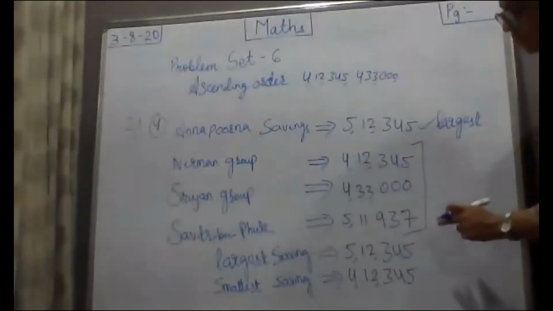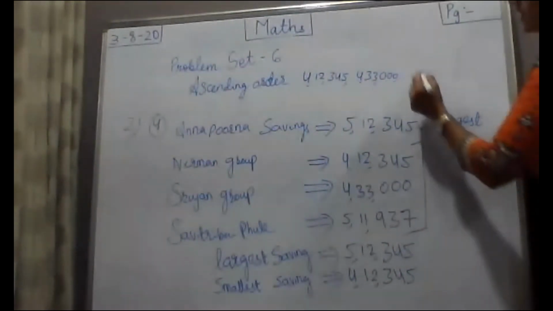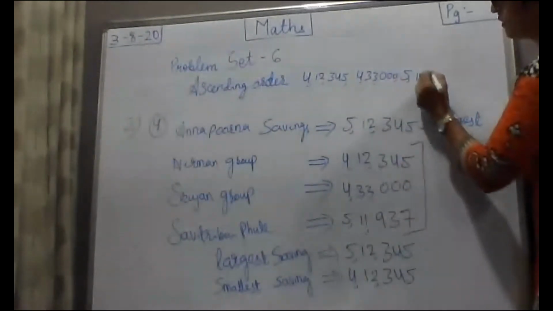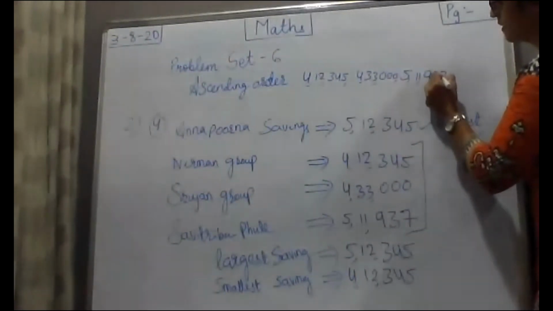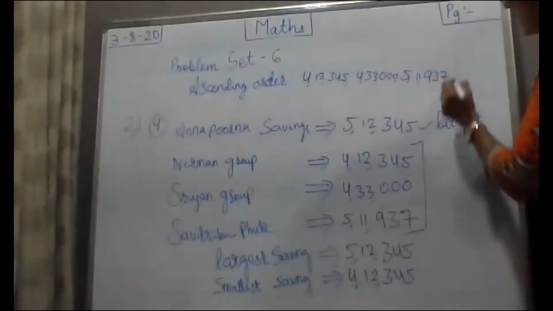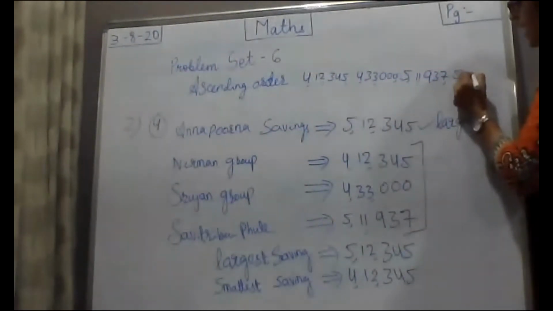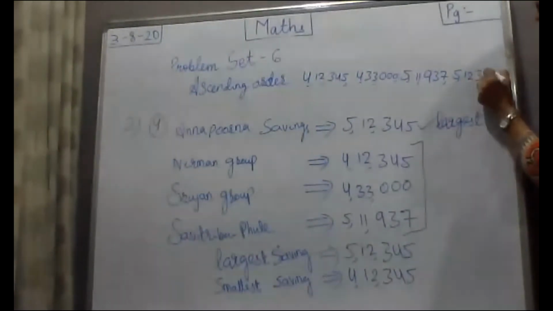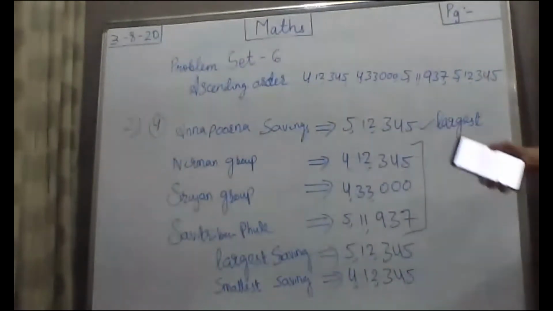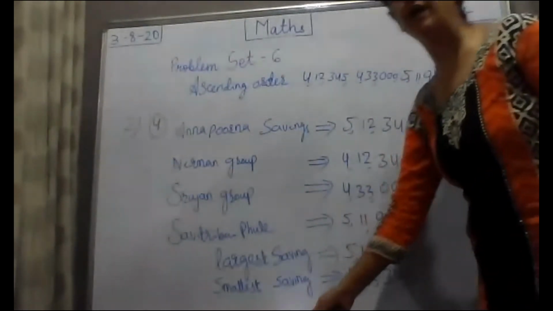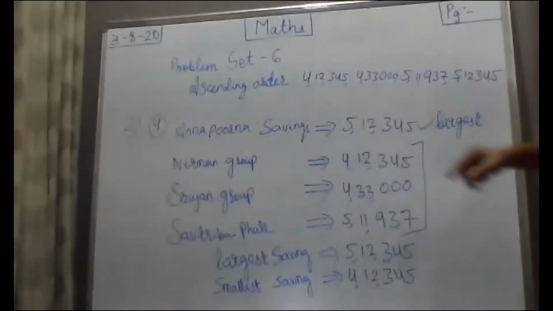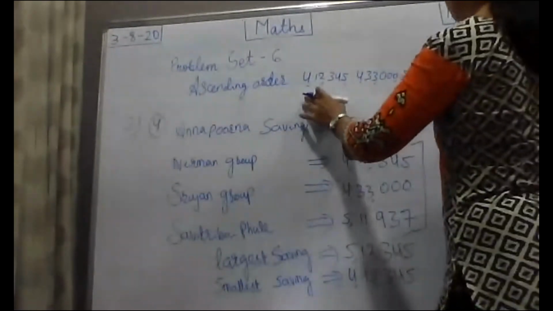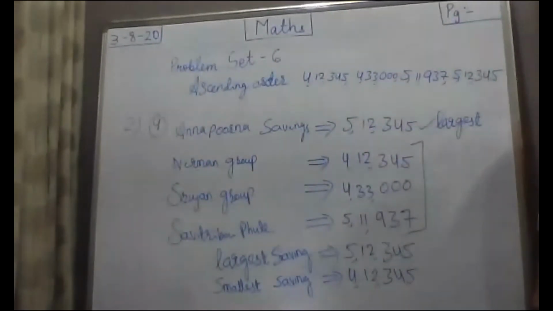Then next one, from these both, it is 5,11,937, and the next one is 5,12,345. Ascending order means from small number to a big number we have to write. Ascending order will start from a small number to big number.